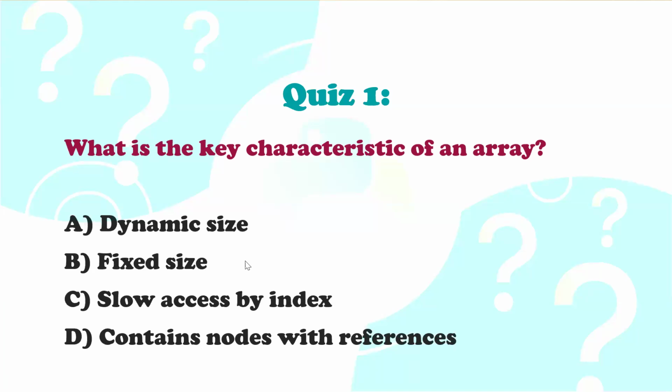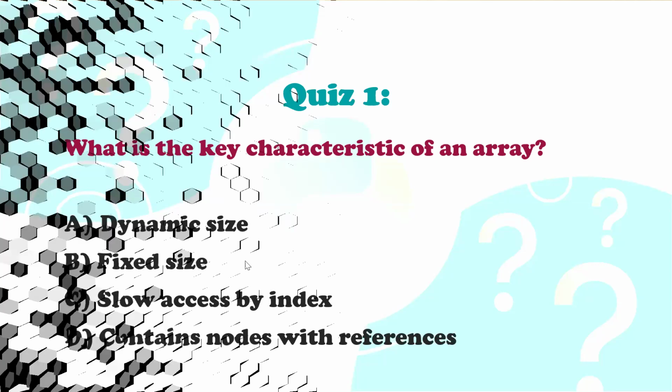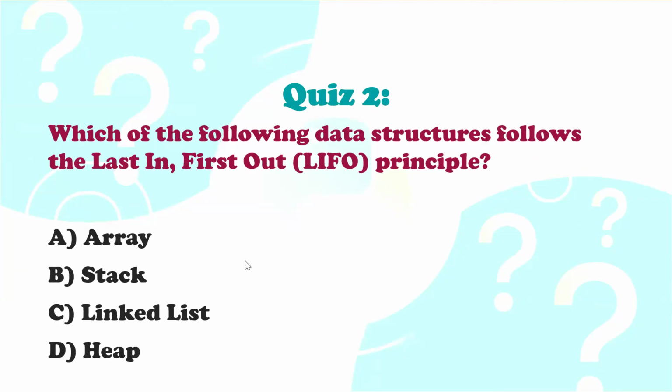The next question. Give it a moment for it to pass. Quiz number 2. Which of the following data structures follows the last in, first out principle? Array, stack, linked list, or heap.